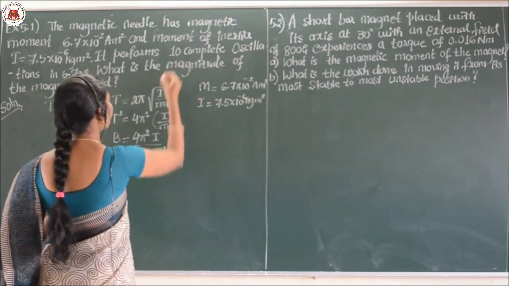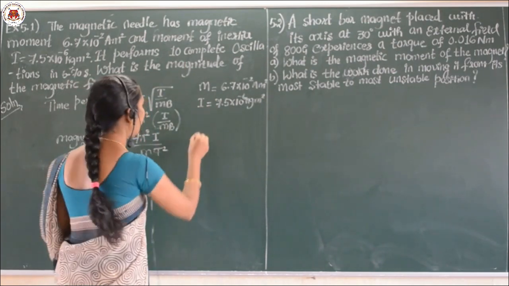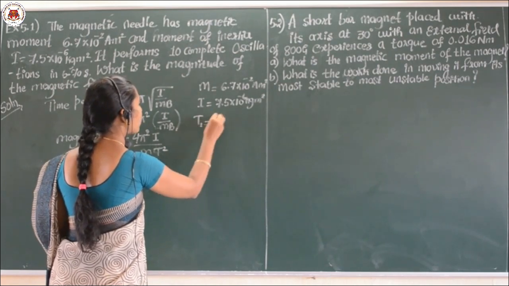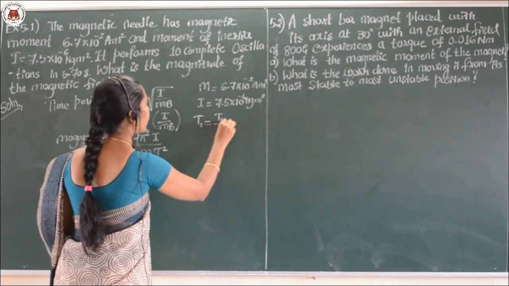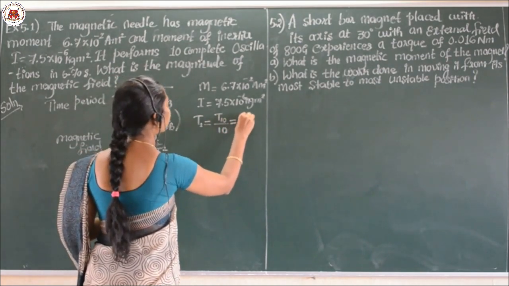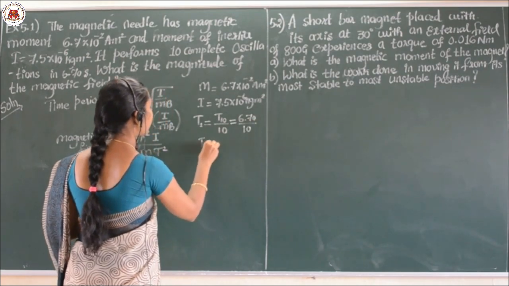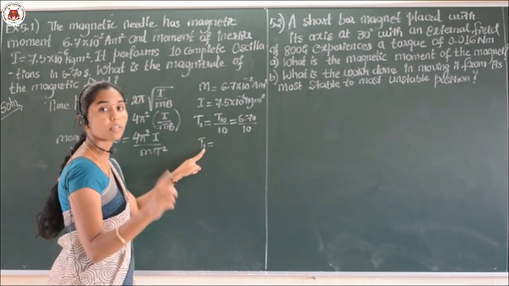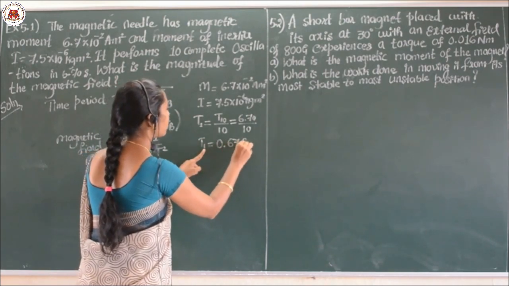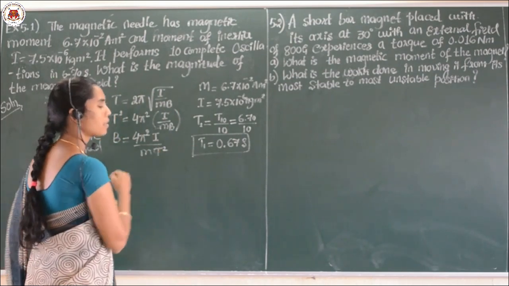They have given the time for 10 oscillations, so I have to calculate the time period for one oscillation, that is T10 upon 10, which is 6.70 upon 10. So T, the time period for one oscillation, becomes 0.67 seconds. Yes, this is the T value.